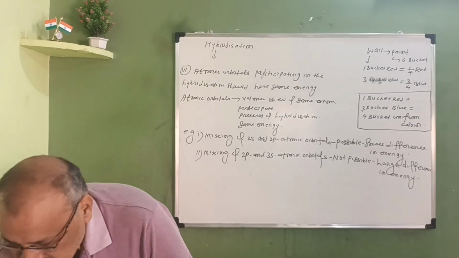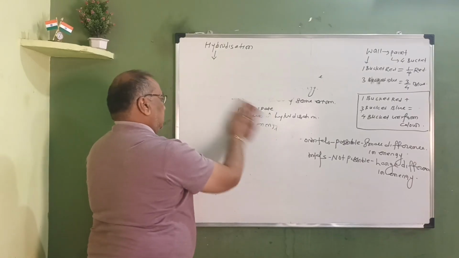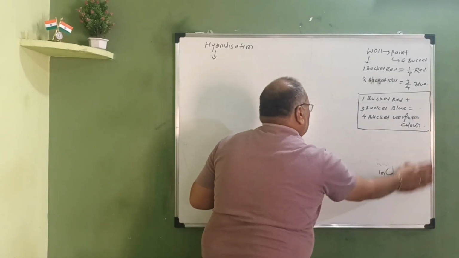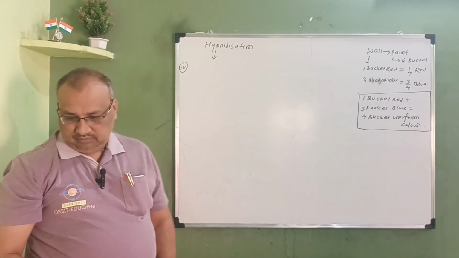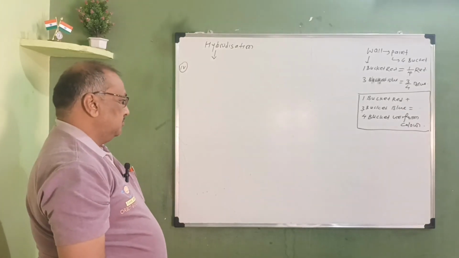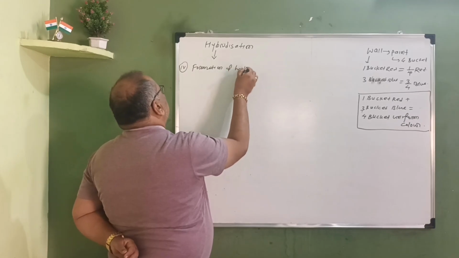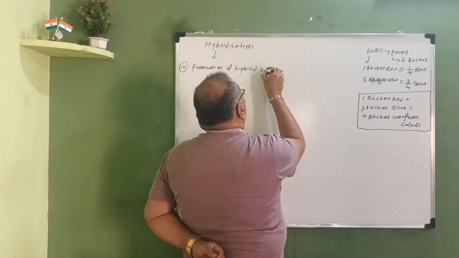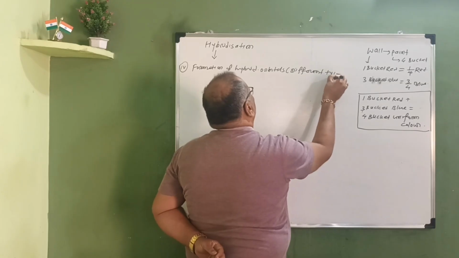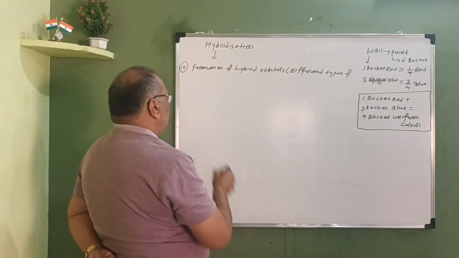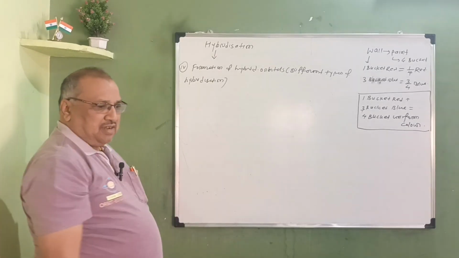Now, then next, fourth step, formation of hybrid orbitals, which is also called different types of hybridization.